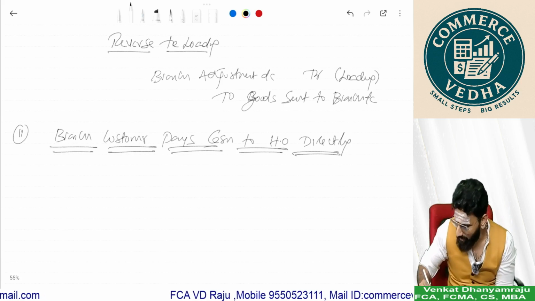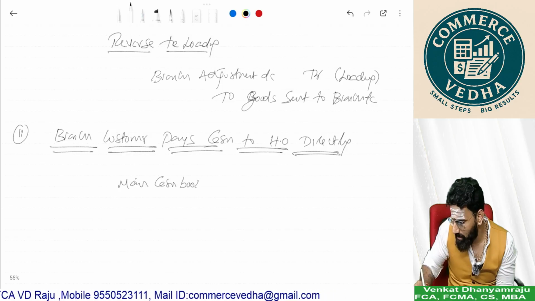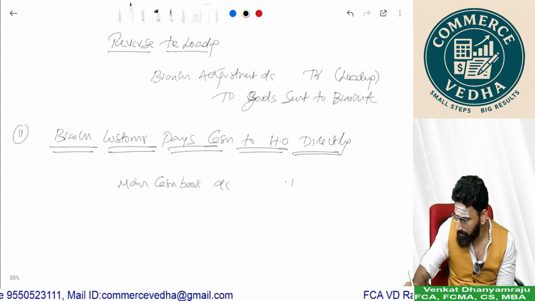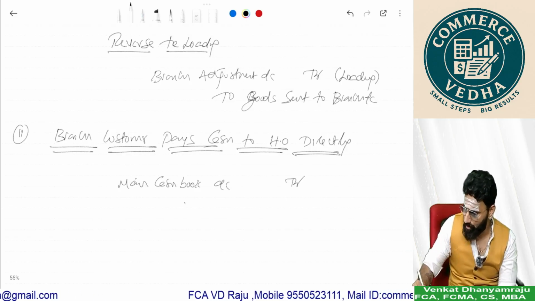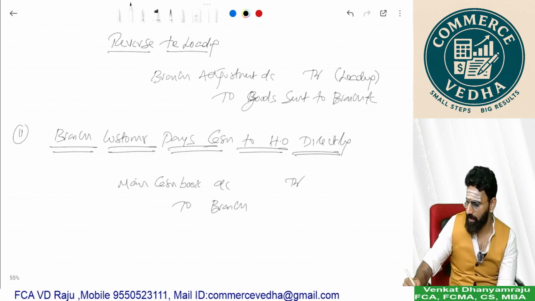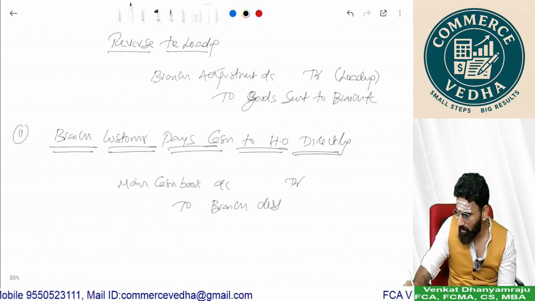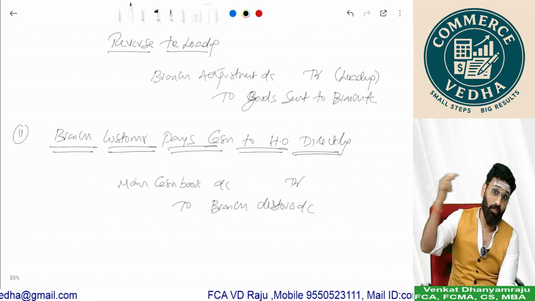So I should write main cash book account debit. So I am not disturbing any branch cash book. To who gave you the money? Branch debtors. So directly going to head office cash.